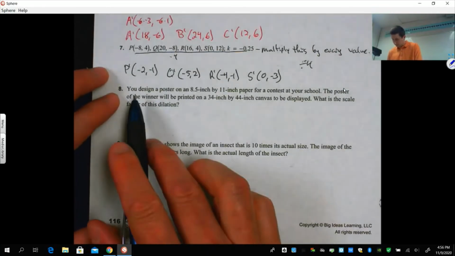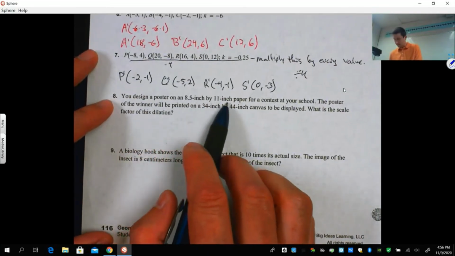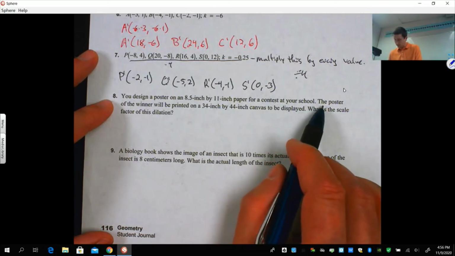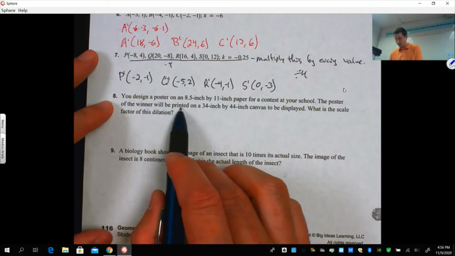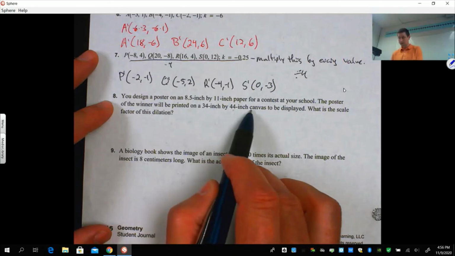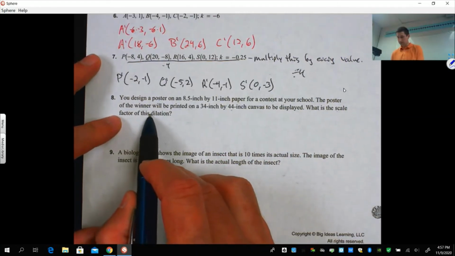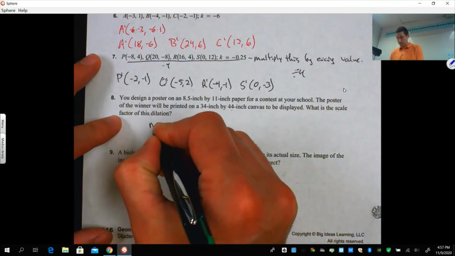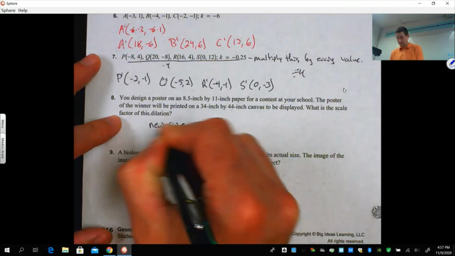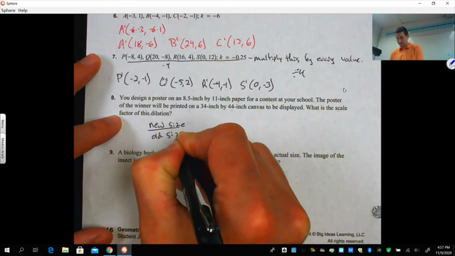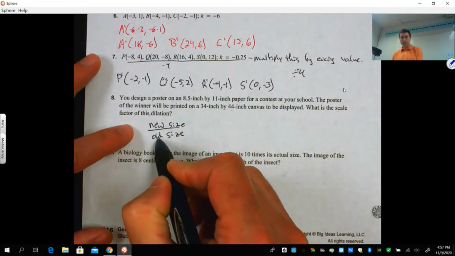Okay, some word problems. You design a poster on an 8.5 inch by 11 inch paper for a contest at your school. The poster of the winner will be printed on a 34 by 44 inch canvas to be displayed. What is the scale factor of this dimension? So you want the new size divided by the old size. That's kind of like the image divided by the pre-image.